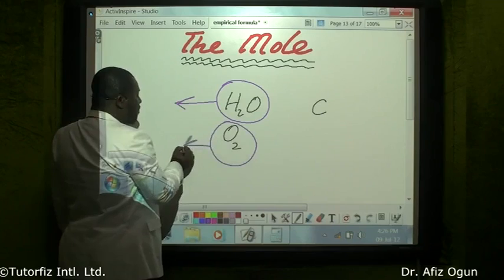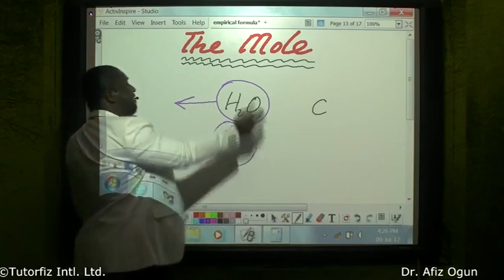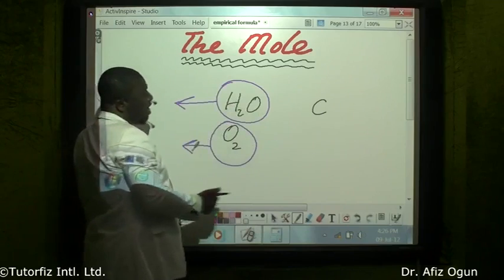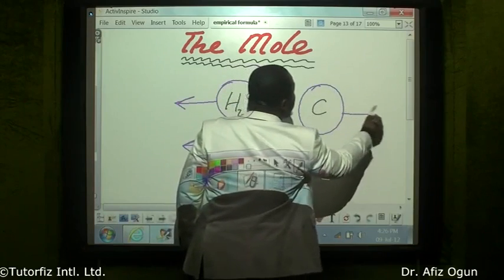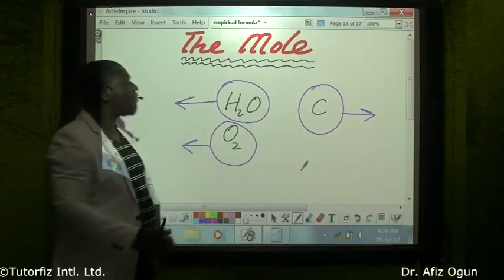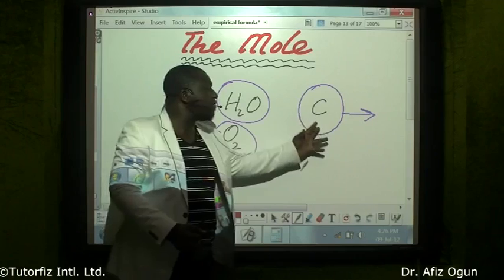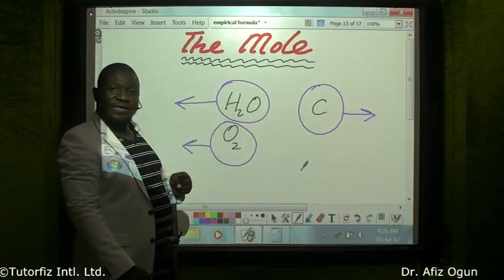A mole of oxygen will contain the same number of molecules as a mole of water. A mole of carbon will contain the same number of particles, this time atoms, that a mole of water contains.